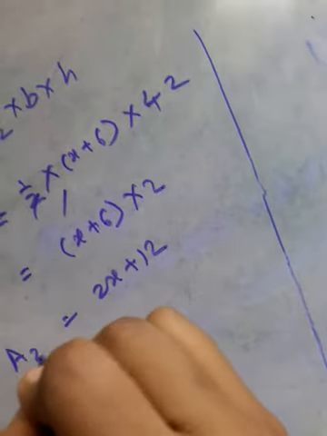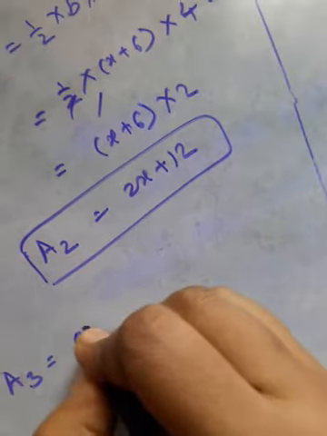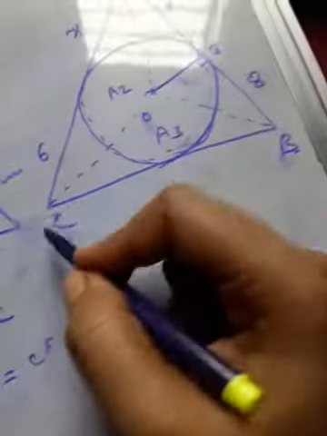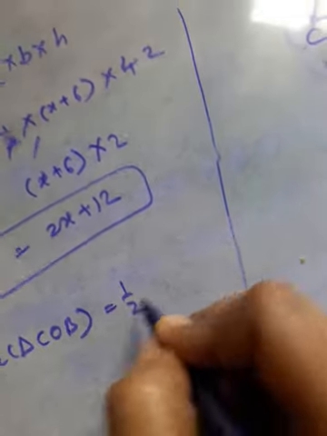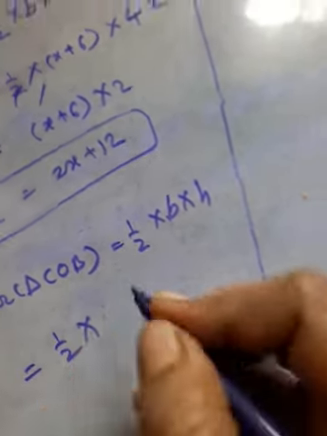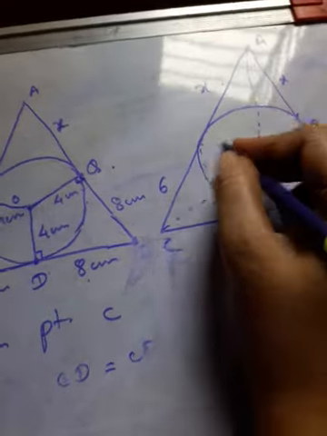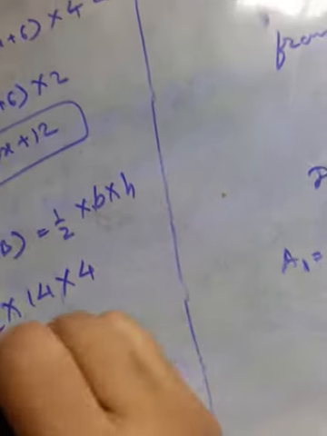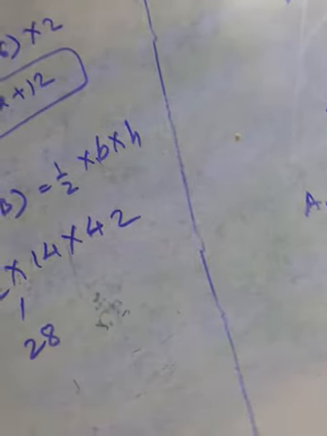This is our A2. Then A3 is the area of the third triangle, COB, again half base into height. The base CB is 6 plus 8, that means 14, and the height is again 4 centimeters, so we get 28 directly.